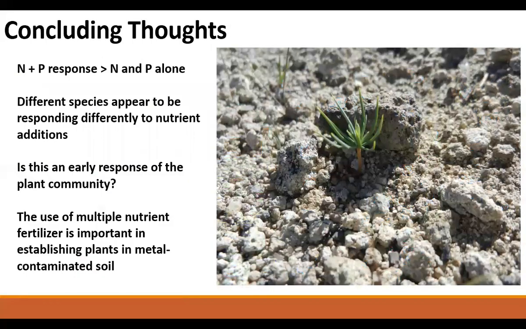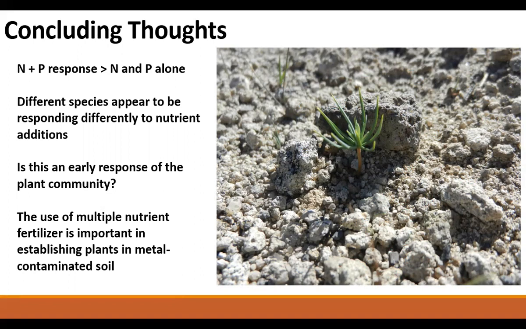So with that, I would conclude here and say that we did see an N plus P response that was greater than N alone, and P alone, and also greater than the sum of those together, which makes it synergistically co-limiting. And we saw that different species appear to be responding differently to nutrient conditions, natives versus the grasses.